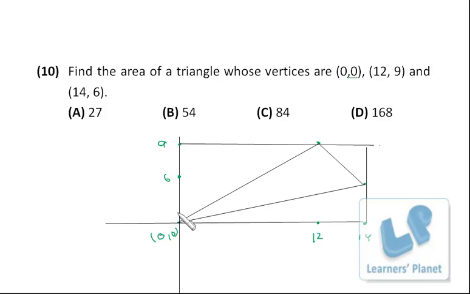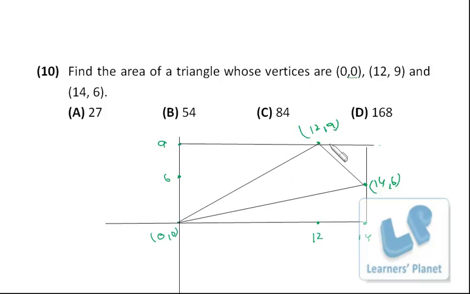Now this point is 0, 0, this point is 12, 9 and this point is 14, 6. Okay.